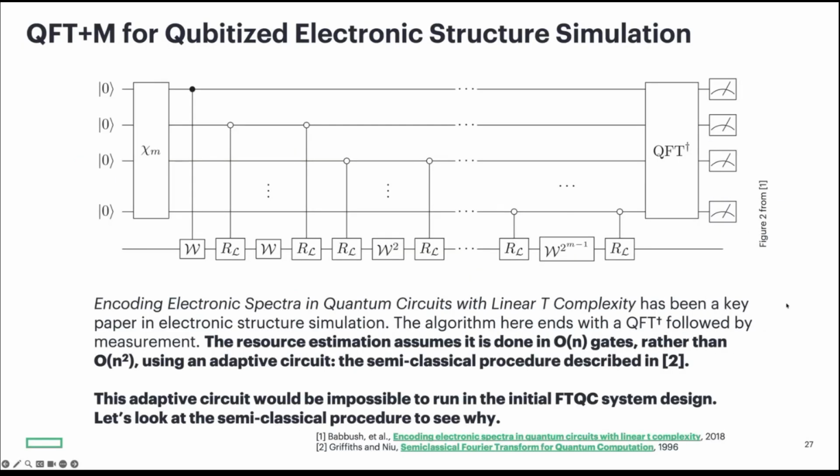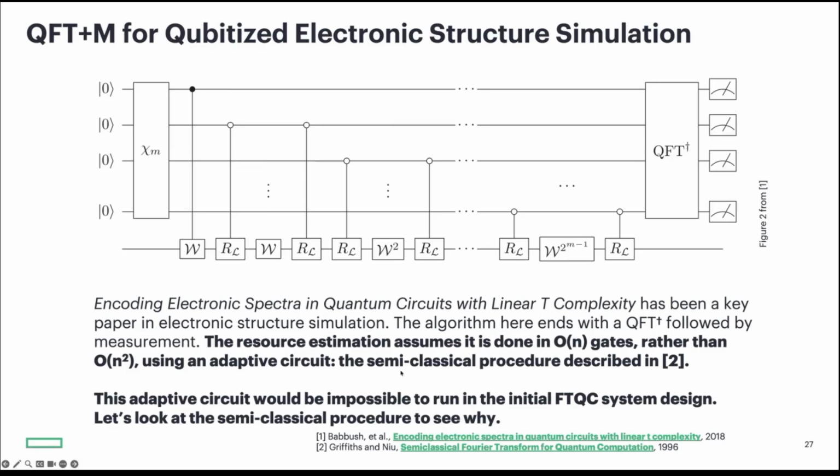Here's a figure from one of the key papers in electronic structure simulation. This has an inverse quantum Fourier transform followed by measurement, just like before. We realized that in this paper, when they describe the resource estimation for how long the algorithm takes, they assume that this quantum Fourier transform can be done in order n gates, rather than n squared like the textbook version, using an adaptive circuit.